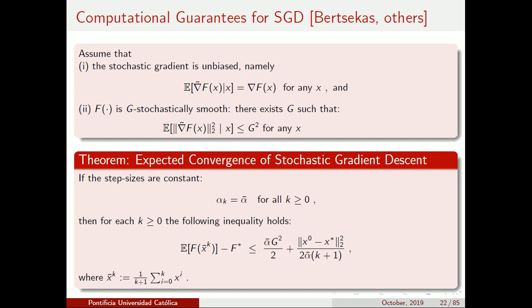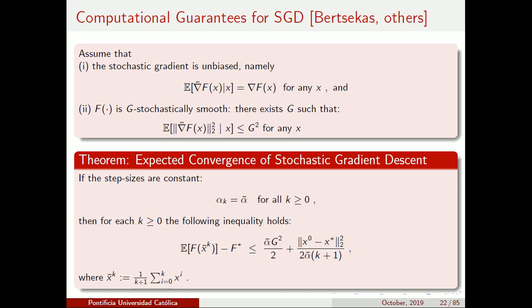So let's make two conditions. The first condition is just that the expected value of my stochastic gradient is the gradient itself. And the second one is that these pieces are not huge.